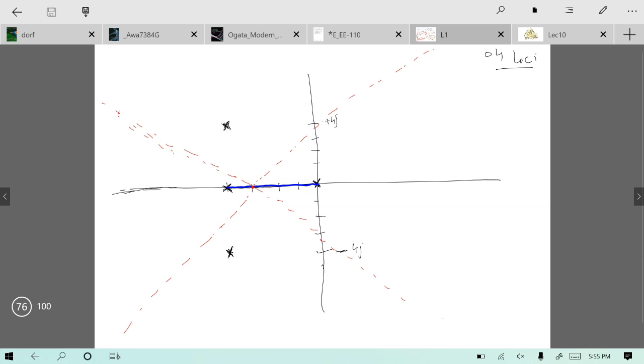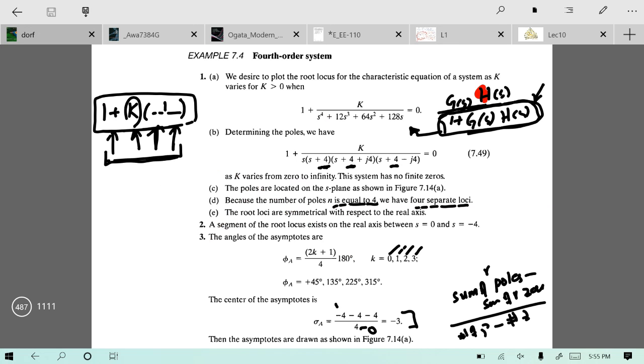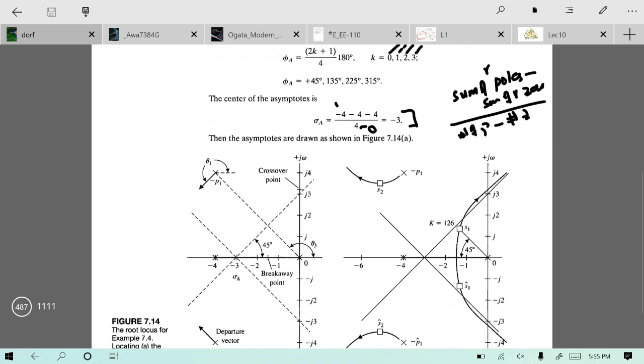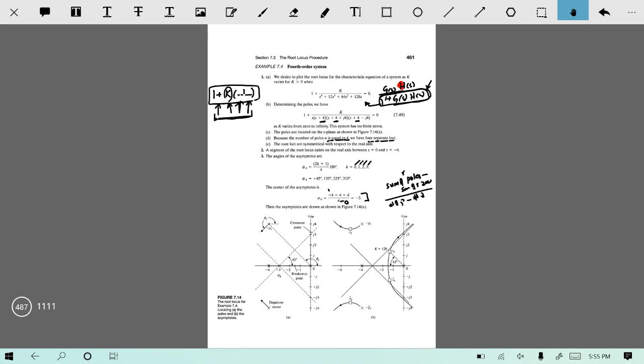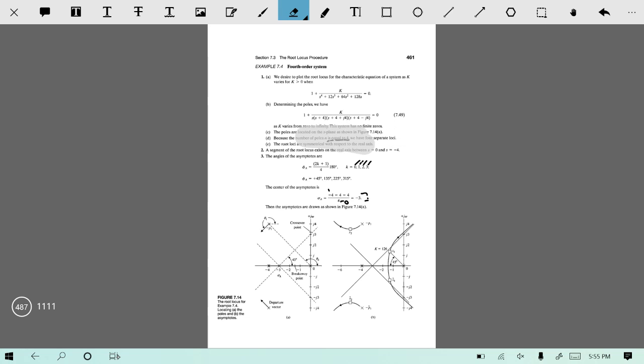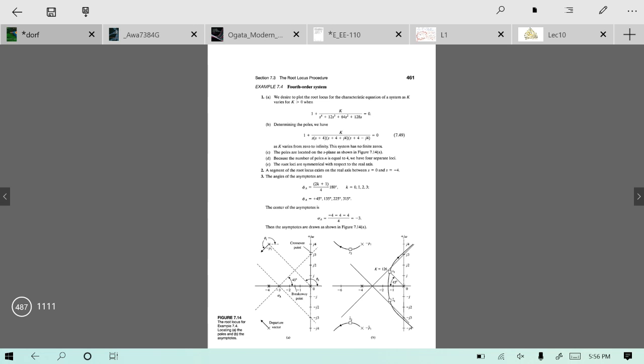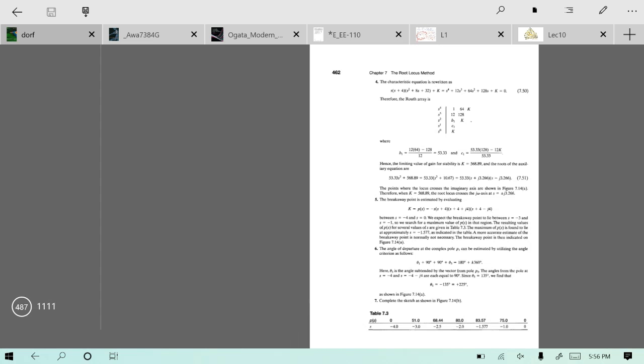Once we have the center and angles, we have drawn these lines with the help of that information. So after the center and angles of the asymptotes, let me clean this.